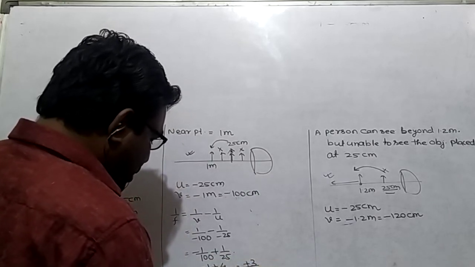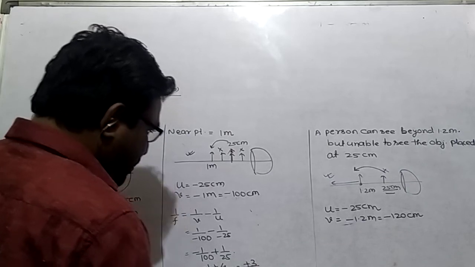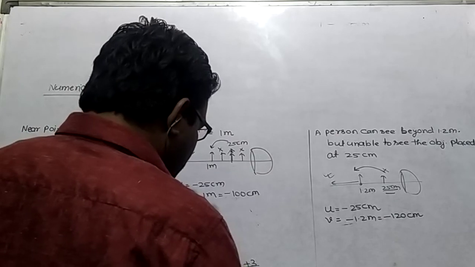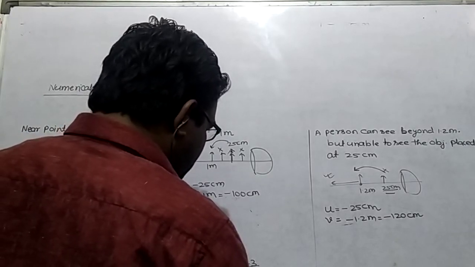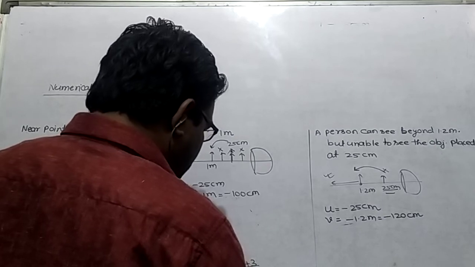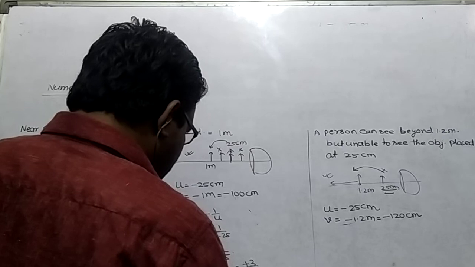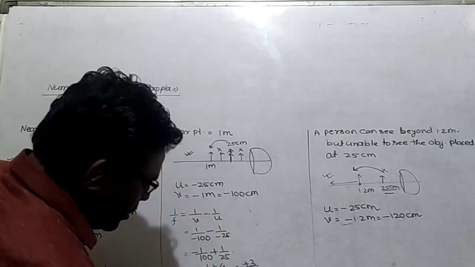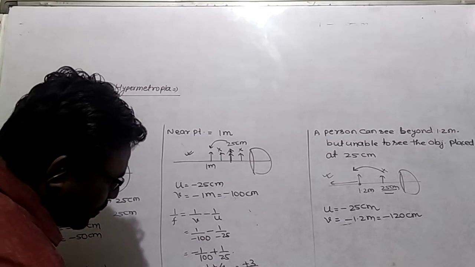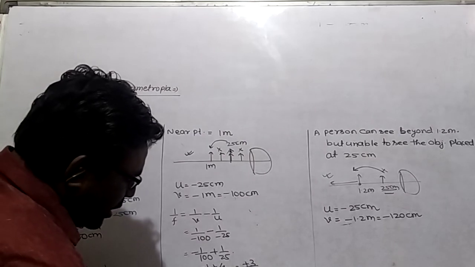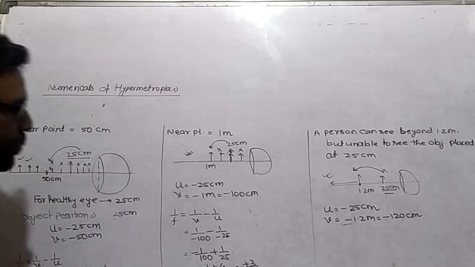So focal length is equal to plus 100 by 3 centimeter. Convert into meter; for this we have to divide by 100. It is equal to plus 1 upon 3 meter. So power is equal to 1 upon f, that is 1 upon 1 by 3, that is 3 diopter.